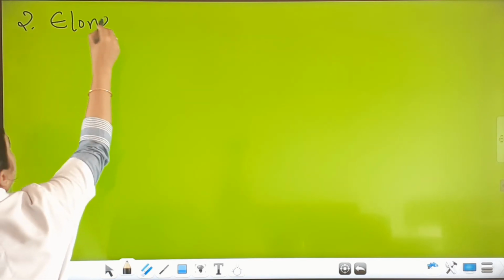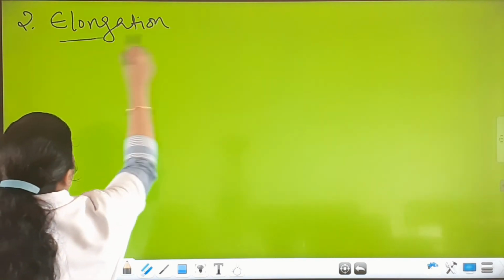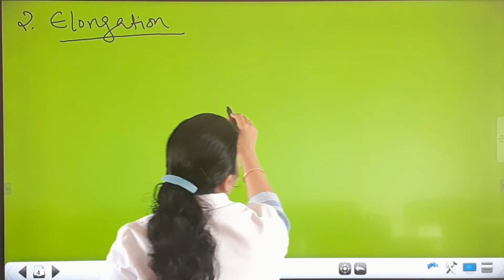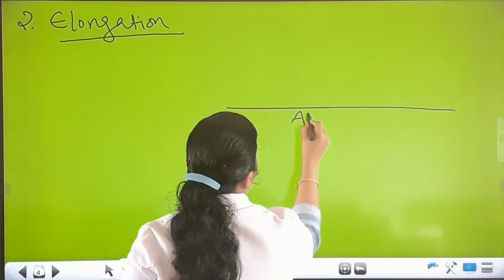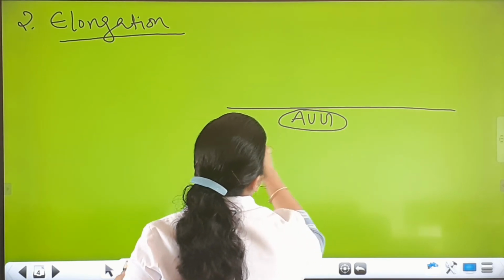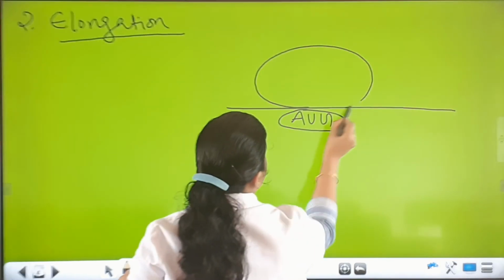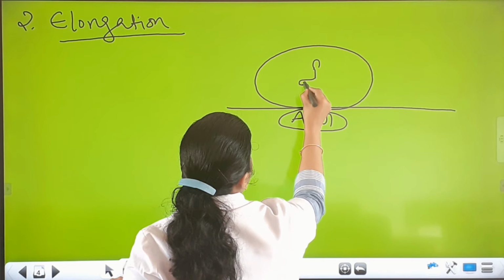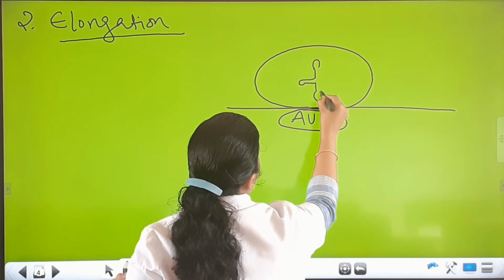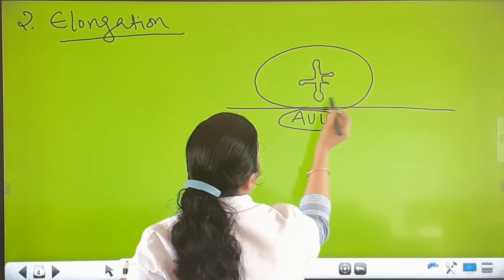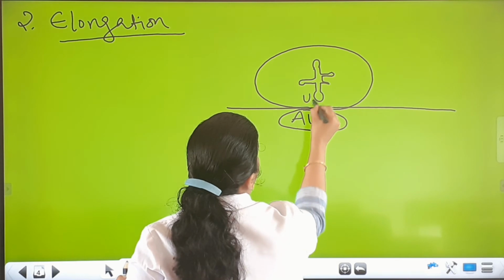Next we can see the second step, elongation. So here now we can see the mRNA ribosomal complex, AUG. Here are the smaller subunit and larger subunit, and there is a tRNA with the anticodon UAC.